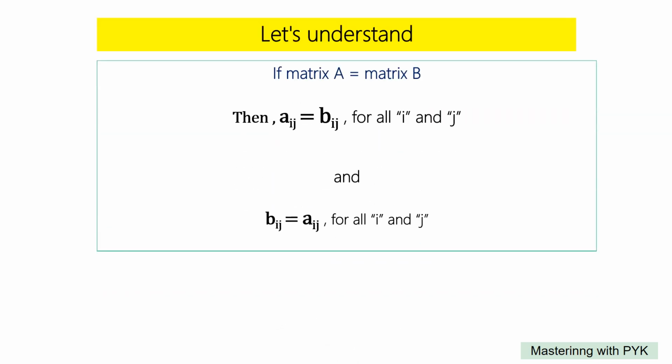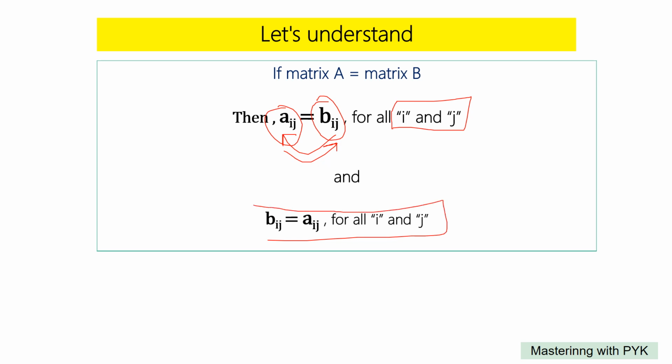If matrix A is equal to matrix B, then Aij of matrix A will be equal to Bij for all i and j. And it is vice versa also. You can say that B is equal to Aij for all the elements of i and j.